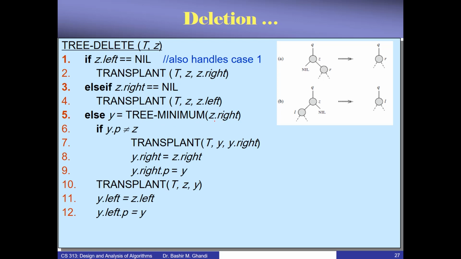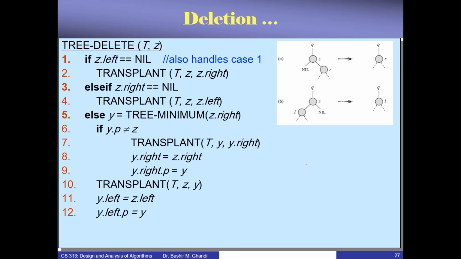Find the successor. If that successor is not having Z as its parent, so the successor is not an immediate right child of Z.